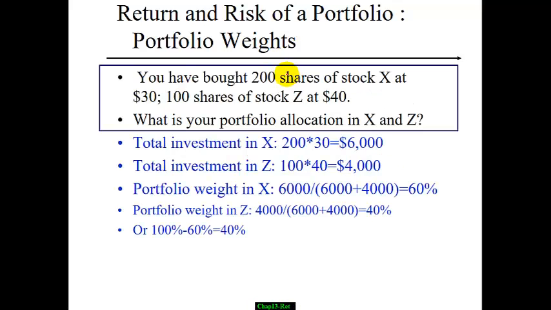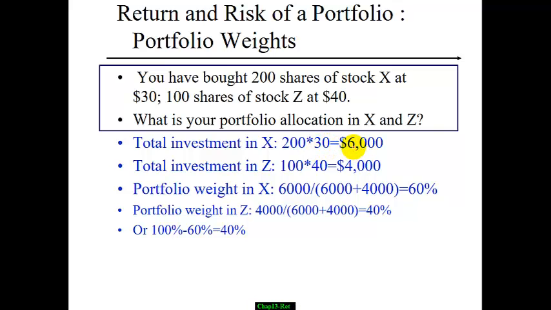Take a look at this example. You have stock X and Z, and you purchased 200 shares of X at $30 a piece, 100 shares of Z at $40 a piece. So how much money do you allocate into stock X? How much proportion of your money into Z? First step, we understand the dollar total investment in X and Z. Simply use number of shares times price per share.